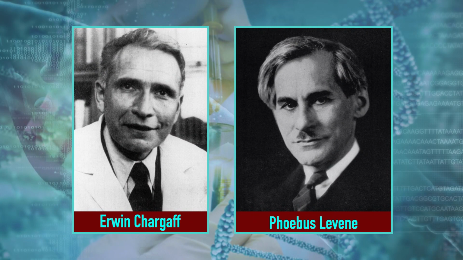Then in the decades following Miescher's discovery, other scientists, notably Phoebus Levene and Erwin Chargaff, carried out a series of research efforts that revealed additional details about the DNA molecule, including its primary chemical components and the way in which they joined with one another.